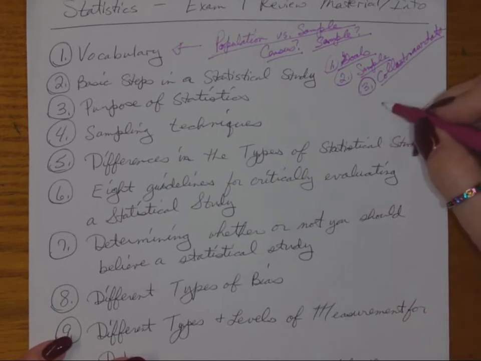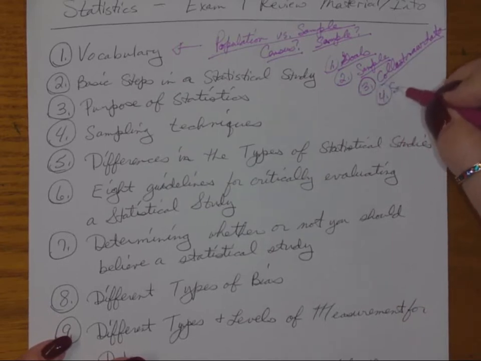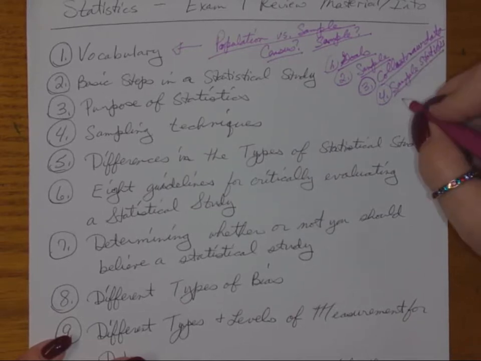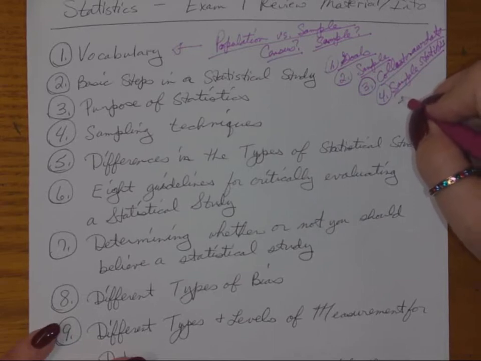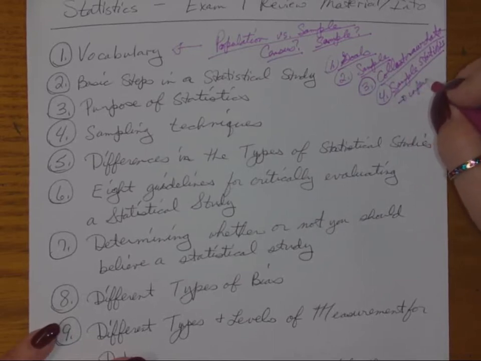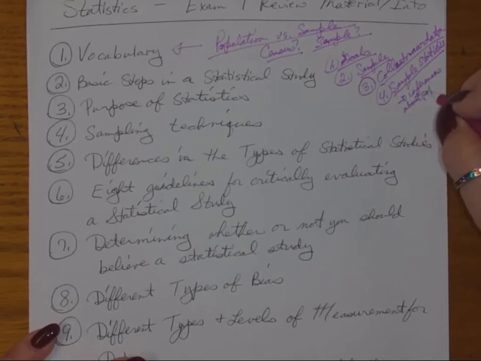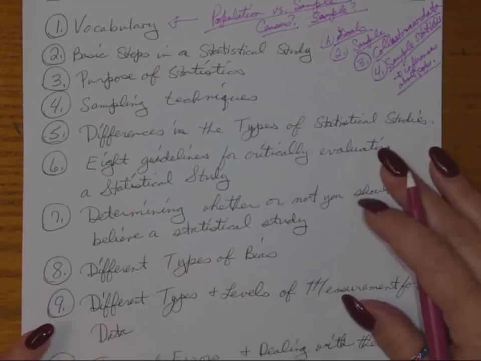Okay, number 4, sample statistics. So this is where I would do a percentage or something, and I use those sample statistics to make inferences about the population. Okay. This is where I'm going to look and say, hey, do I have a margin of error?